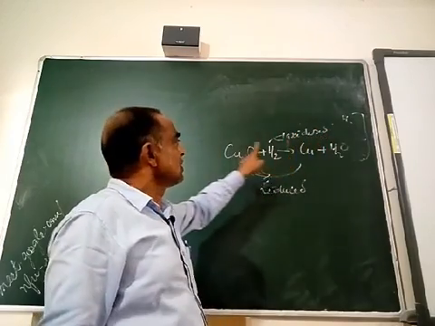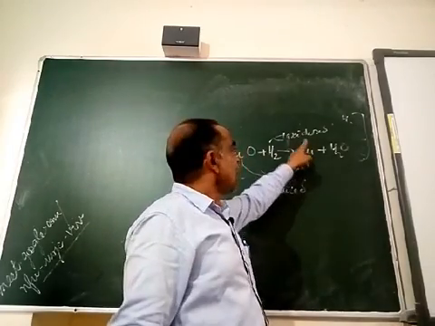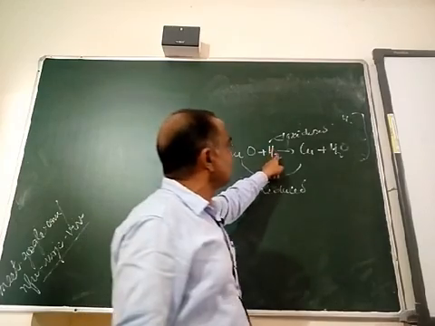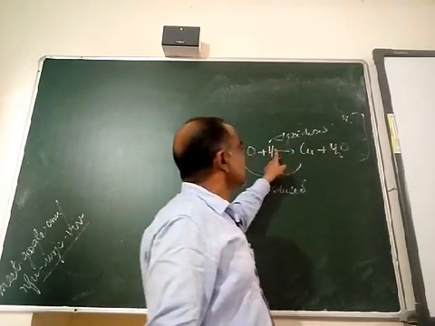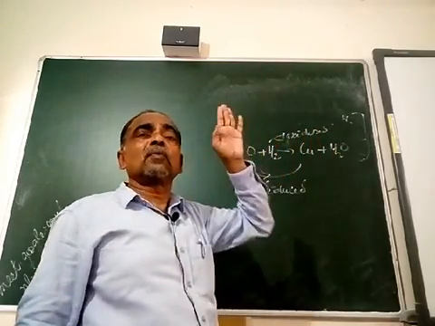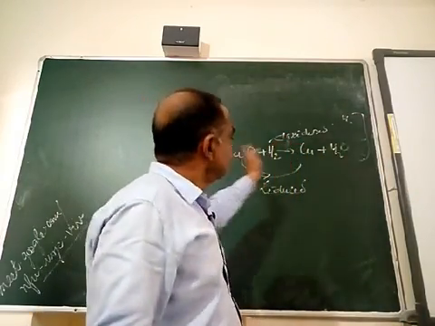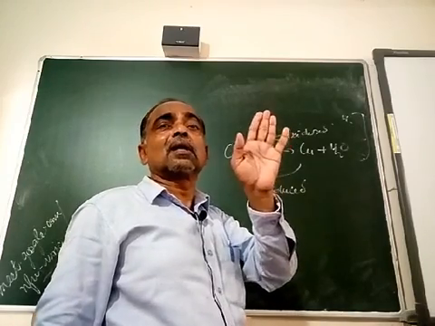So we say copper oxide is reduced to copper, and the oxygen which is lost is taken away by hydrogen. When oxygen is added to hydrogen, we get water. So we can say hydrogen is oxidized to H2O. So from the reactant to the product you must mention it. That is what we say redox.